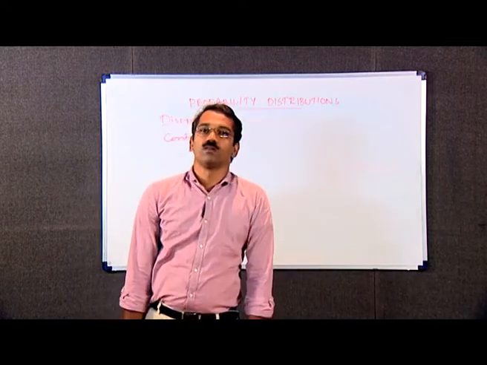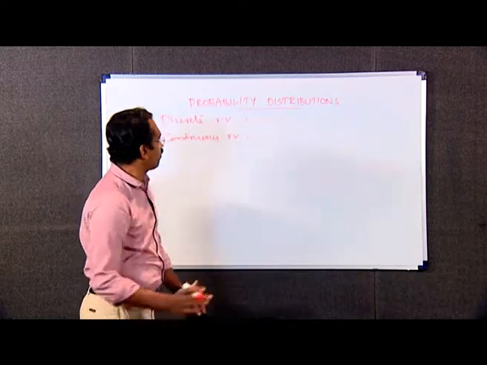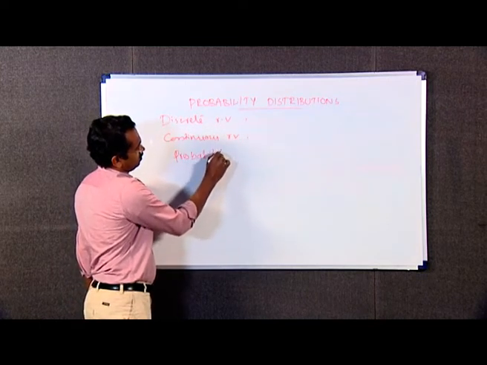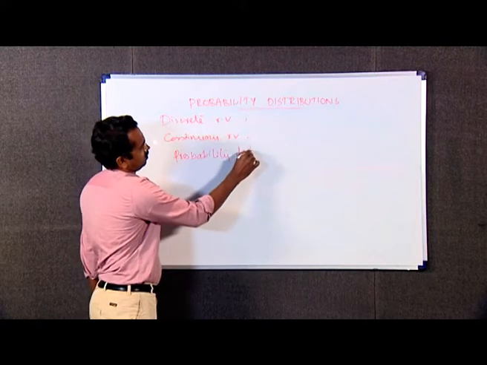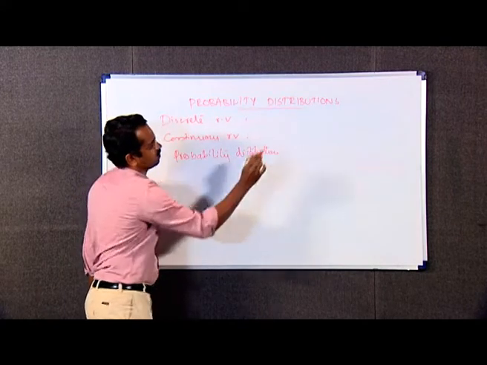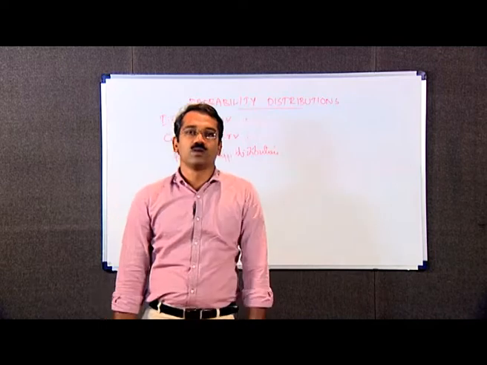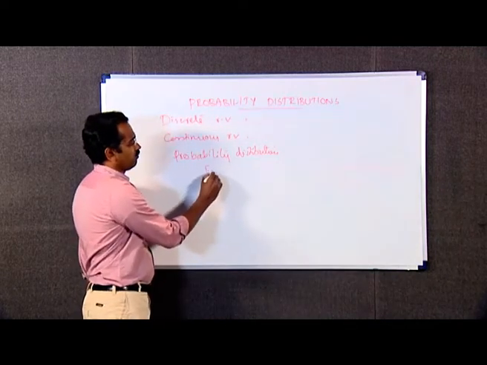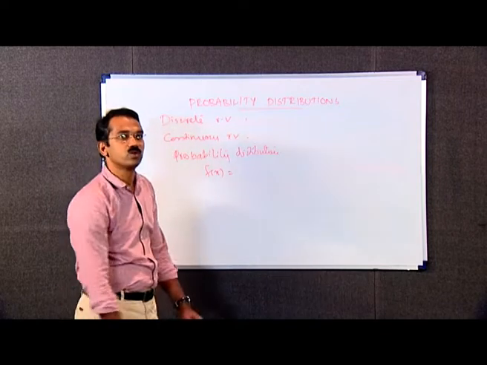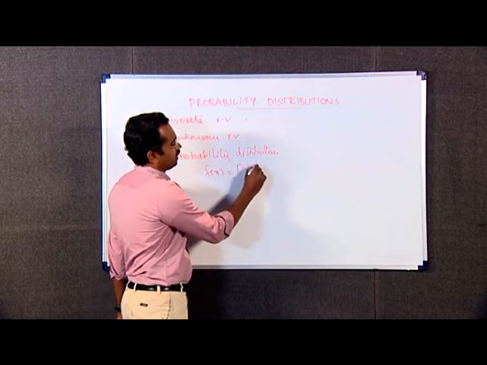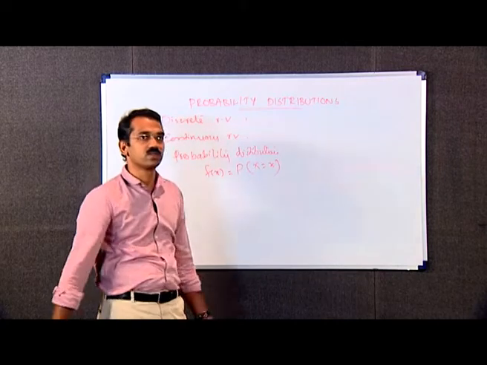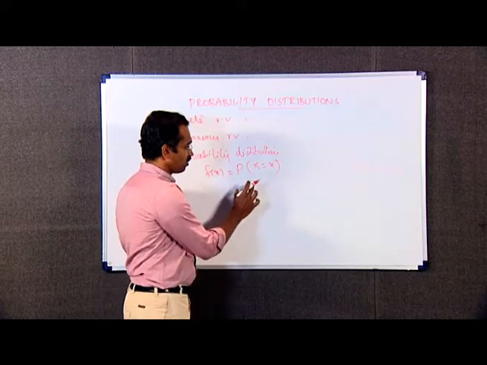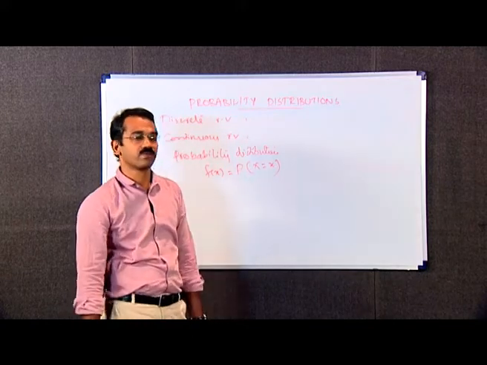Now, the probability distribution. A probability distribution is a function f of x which is equal to p of X equal to x, which assigns the probability for each outcome of a sample space.